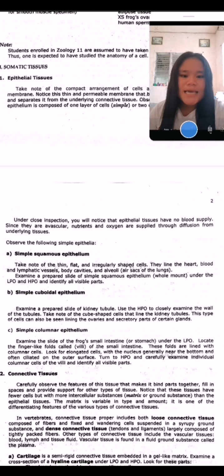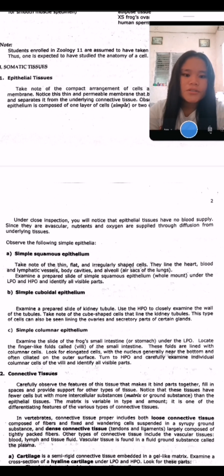Letter C is simple columnar epithelium. Examine the slide of the frog's small intestine or stomach. Under the LPO, locate the finger-like folds called villi of the small intestine. These folds are lined with columnar cells.